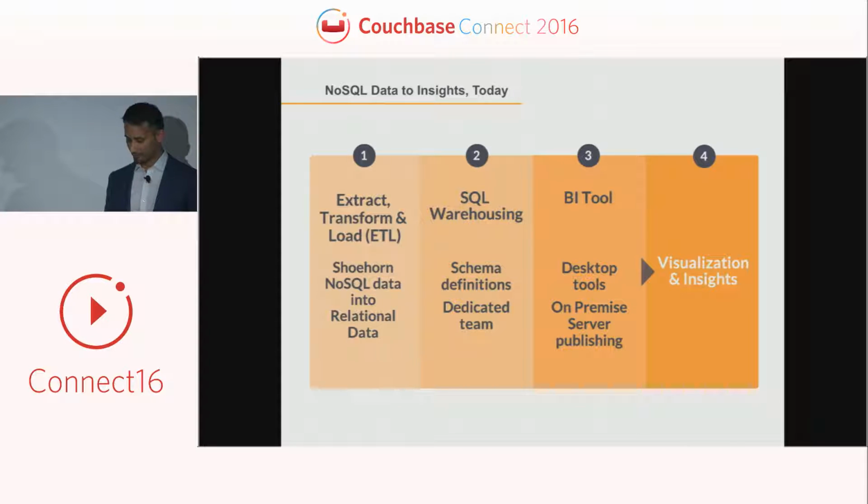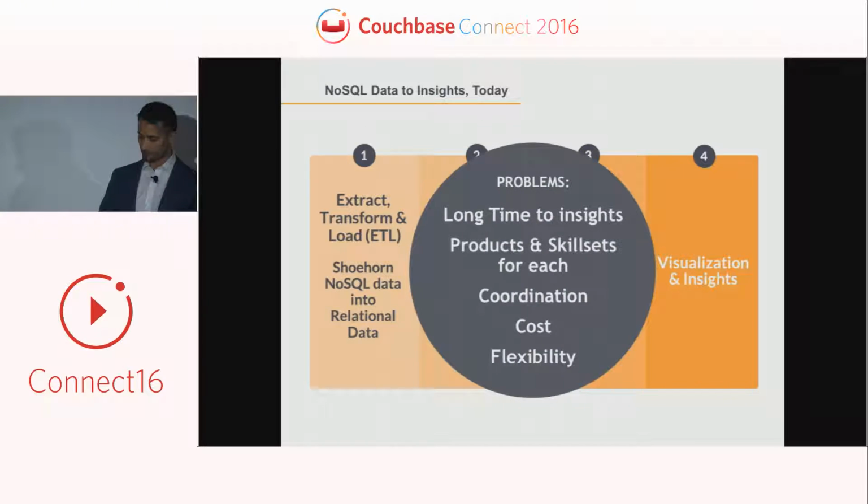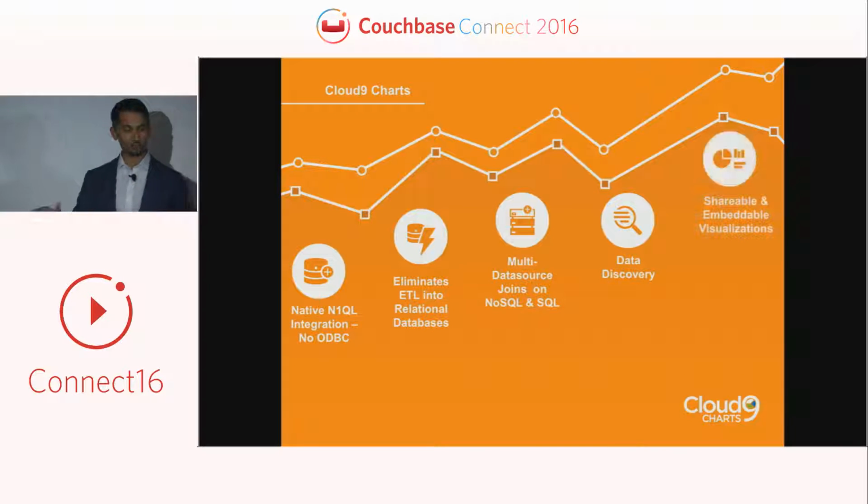So what we provide is a native analytics layer on top of all major NoSQL databases. We have support for 30 data sources, including all well-known data sources. And there's a data layer underneath that helps you do more advanced things like multi-data source joins.